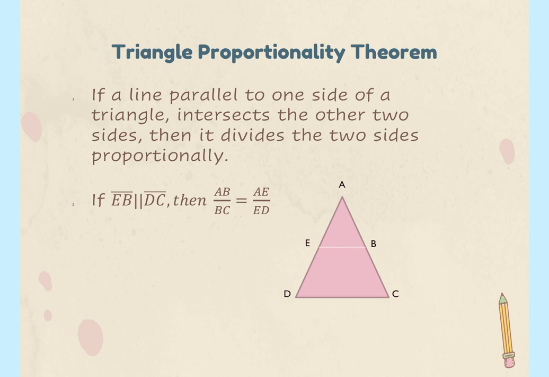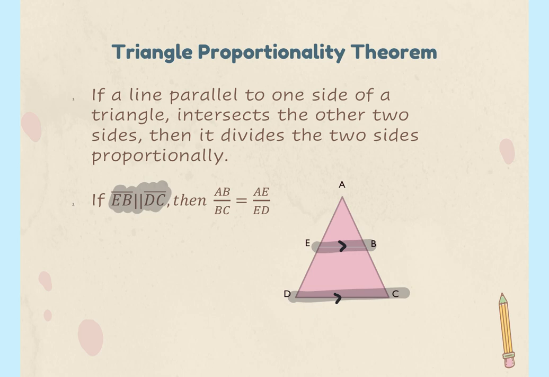Second, have a side or a length drawn that would be parallel to one of the sides. In this diagram, that length is the EB, so that segment EB is parallel to DC, and I know that because it says it here. But you can also know that if it's marked like that, then I know those are parallel. If that's the case, then these sides are proportional, not necessarily equal, but proportional.